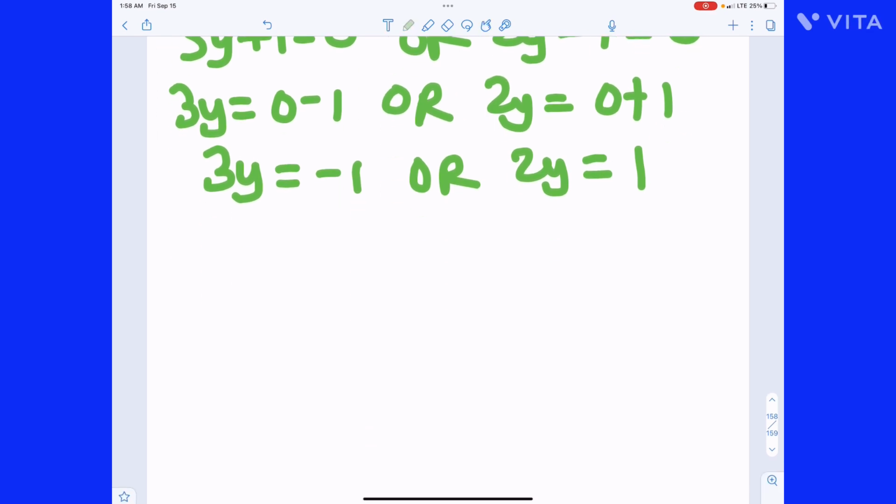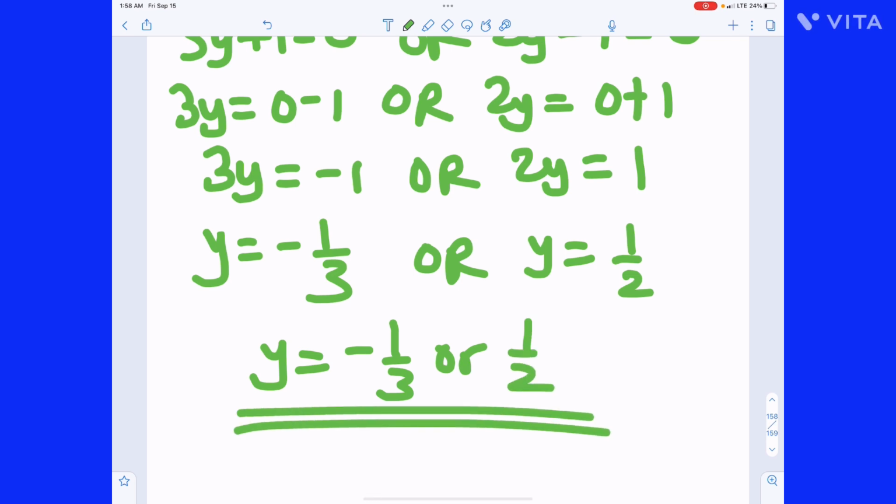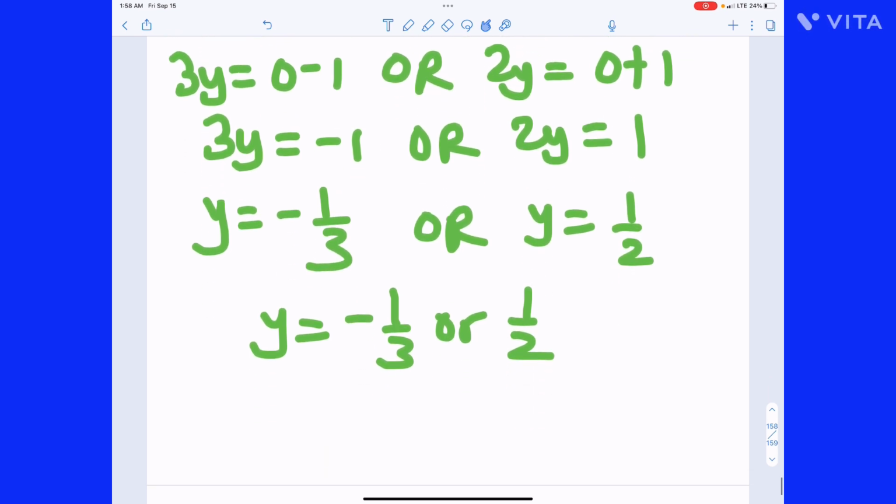So y is minus 1 over 3, or y is 1 over 2.